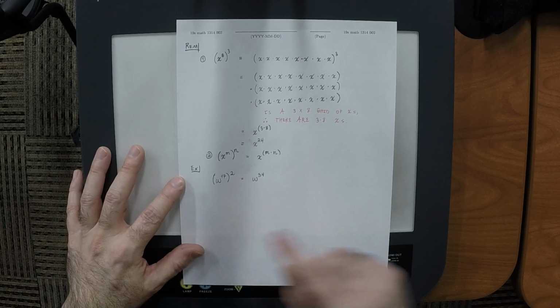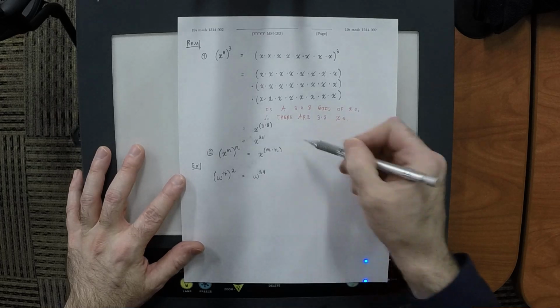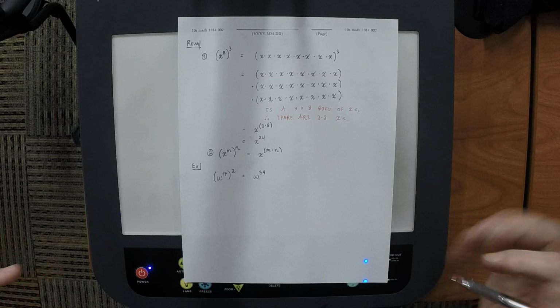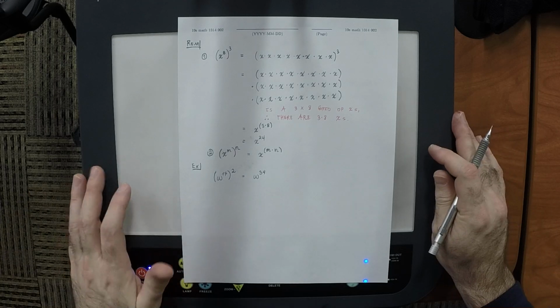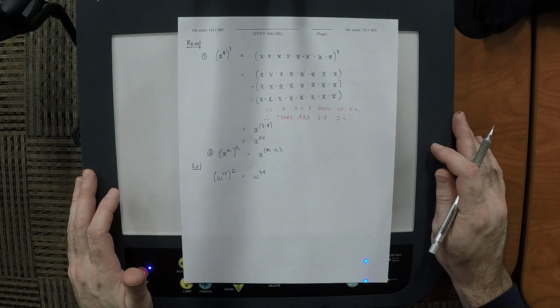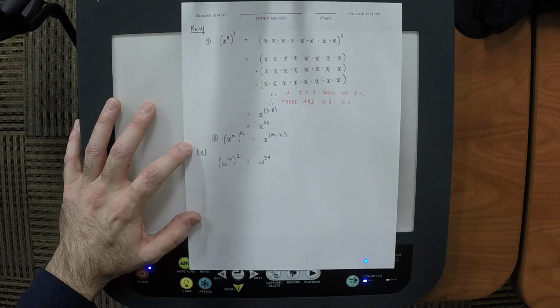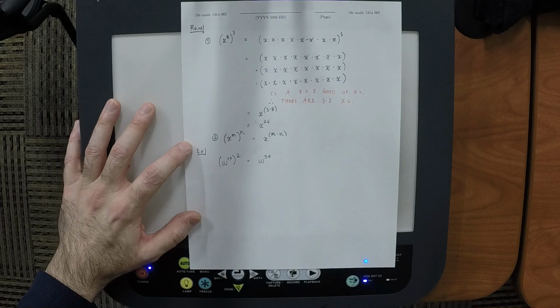Okay? All right, so now a few comments about this. On the previous page, we said that exponent is not associative. Now what this rule is saying, believe it or not, is telling you exactly the extent to which it is not associative.